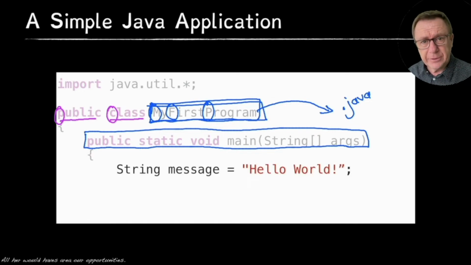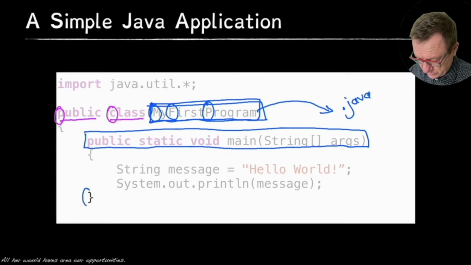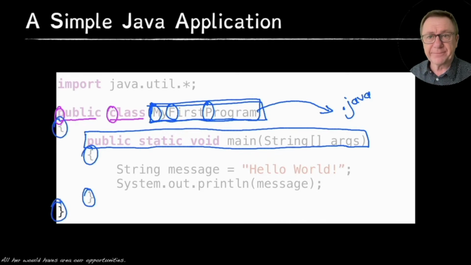And now, if you remember, I had message, so now I've got String message = "Hello World"; and now I go System.out.println(message). Done. Close curly brackets, you'll notice they're matching. Each curly bracket has a matching one.